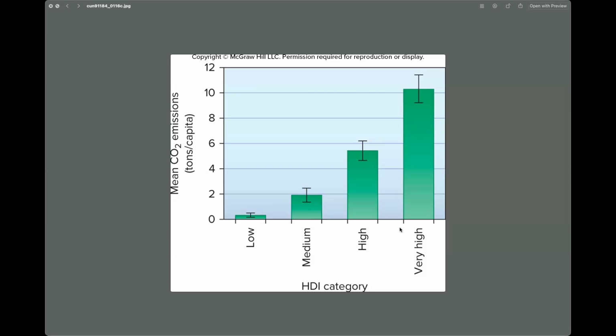So this is mean carbon dioxide emissions measured in tons per capita. And then there's the HDI categories. That's the Human Development Index category. So low, medium, high, very high. And then you have the error bars. These little I-beams here usually have a floor and a ceiling. And it shows you that this value is within this floor and this ceiling.